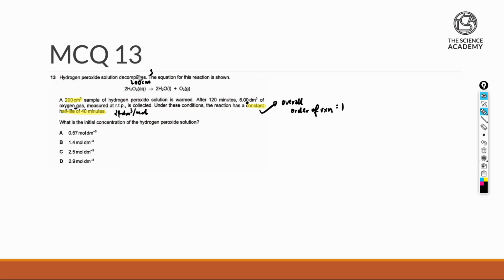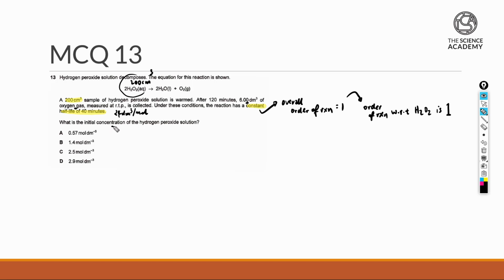Now you can also see that we only have one reactant. If there's only one reactant and the overall order of reaction is 1, that tells us that the order of reaction with respect to hydrogen peroxide is 1 as well. So indeed, we do have a constant half-life over here.